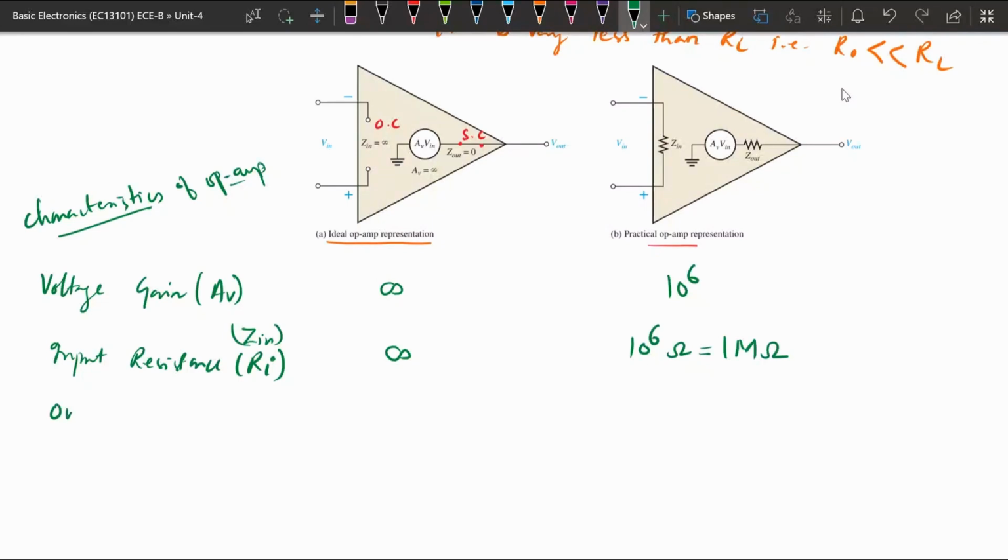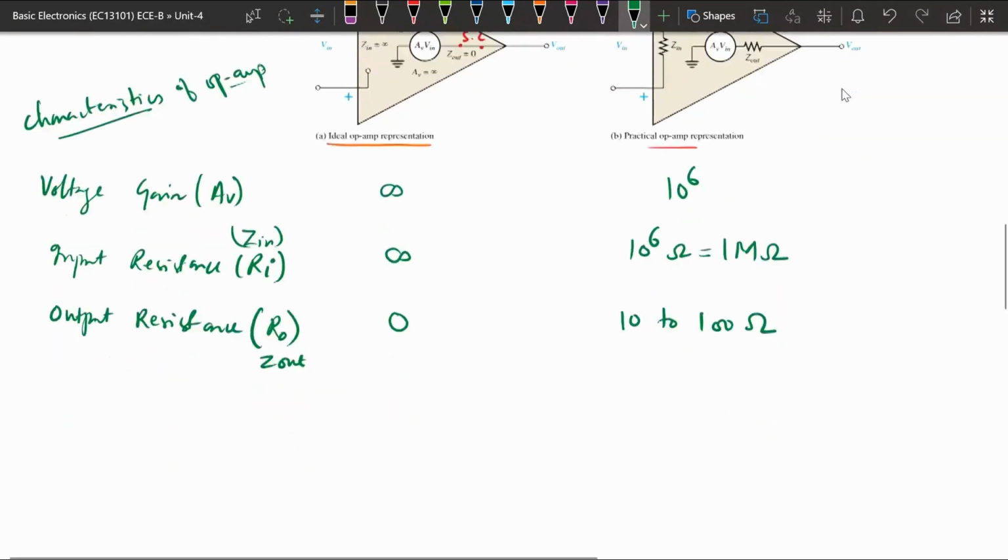Next is output resistance. This output resistance is R naught, or here represented by Z out. In the ideal case, the output resistance would be 0, but in a practical operational amplifier, the output resistance is considered to be between 10 to 100 ohms.